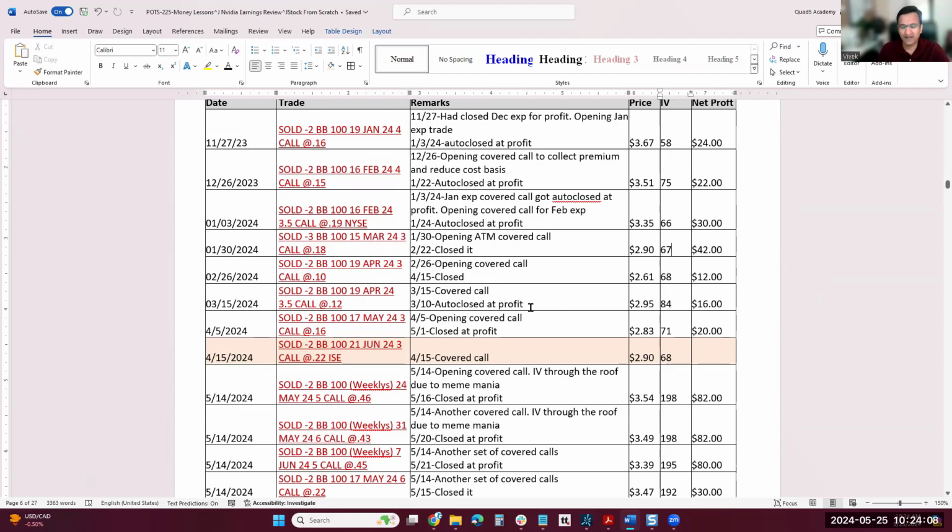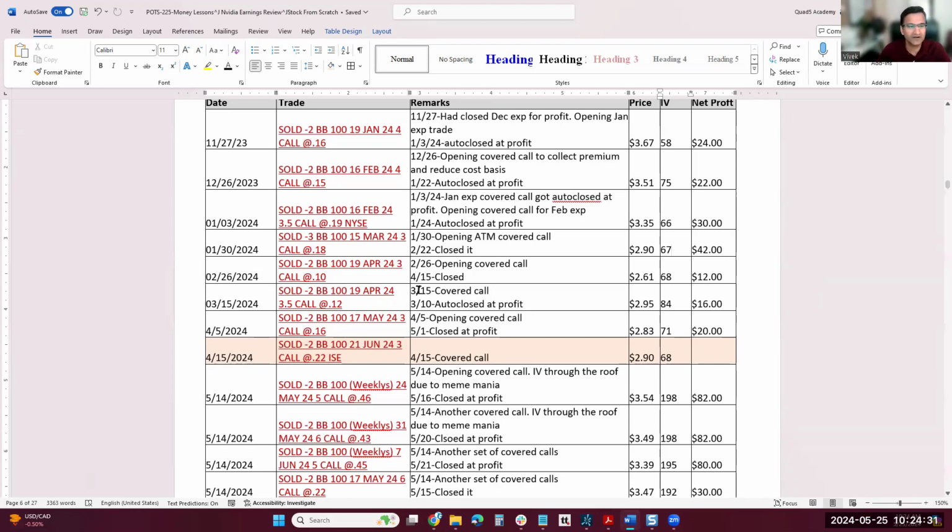So this is why IV is super, super important if you are dealing in options. Most of the folks will talk about what strike price to pick. But if you don't understand IV and how IV could impact option pricing, it's difficult to make money, whether buying or selling options.